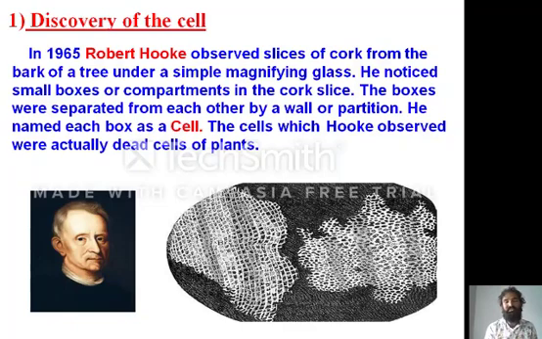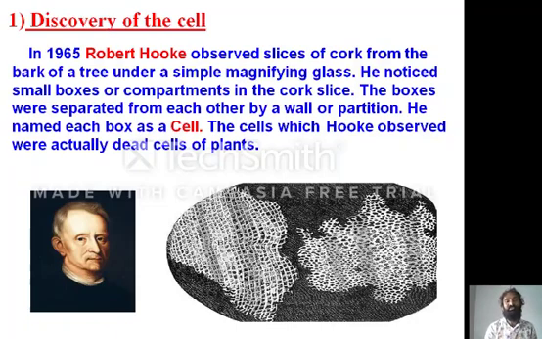In each compartment of the honeycomb a honey bee is present. Here the boxes were separated from each other by a wall. Each box is separated by the boundary of a wall. So he named each box a cell.